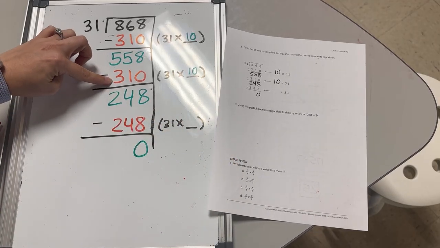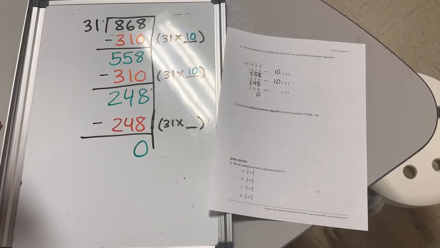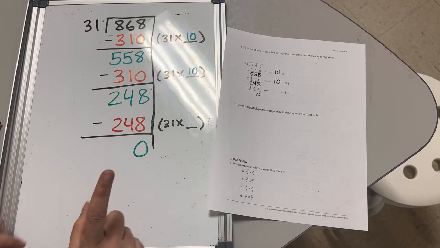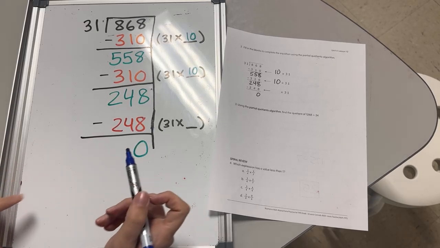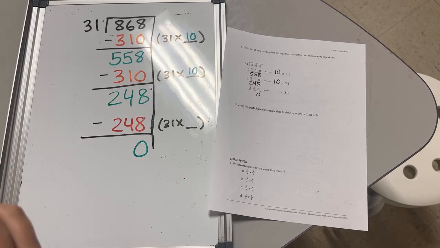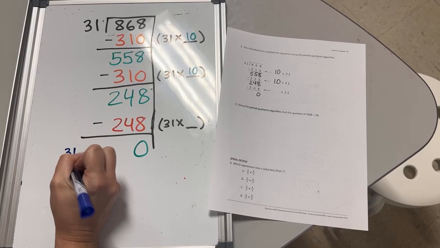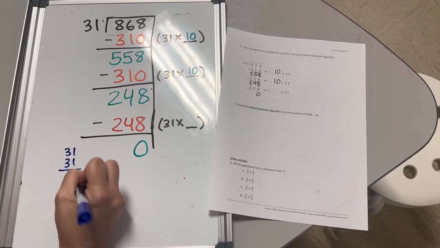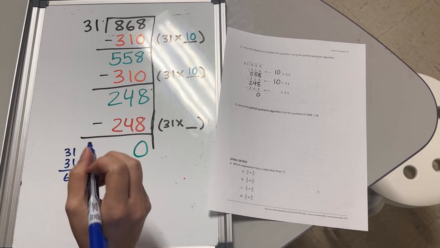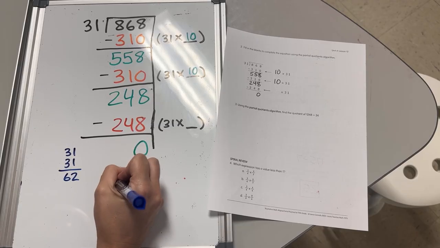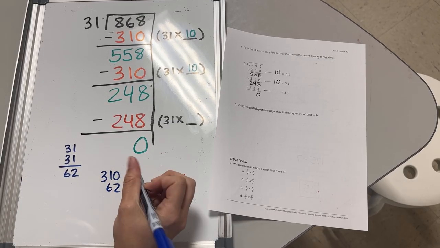So if I'm imagining that 310 and I need to get to 248, well, one group of 31, let me write this down here off to the side. One group of 31 and another group of 31 is going to give me 62. Well, if I did 310 minus 62, let's see if that is going to give me 248.